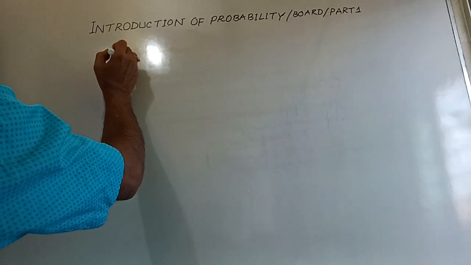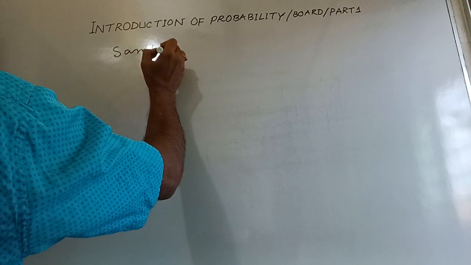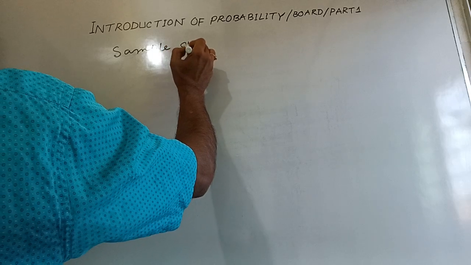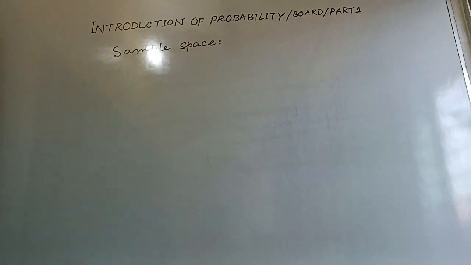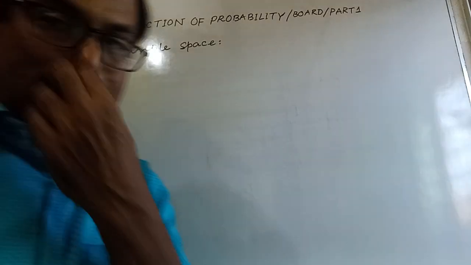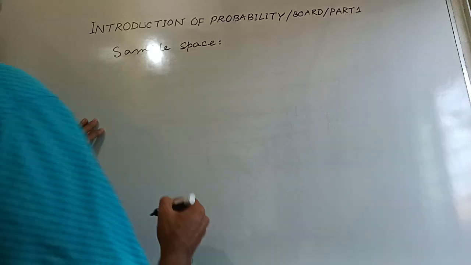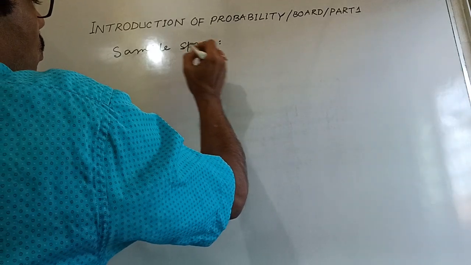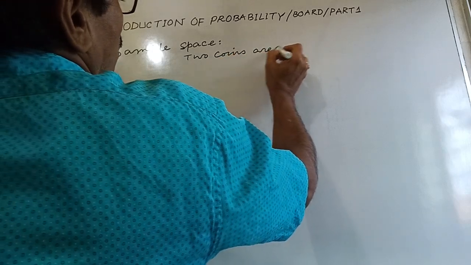Then sample space. This is most important to define probability. What is sample space? Suppose in the previous example, 2 coins are tossed.